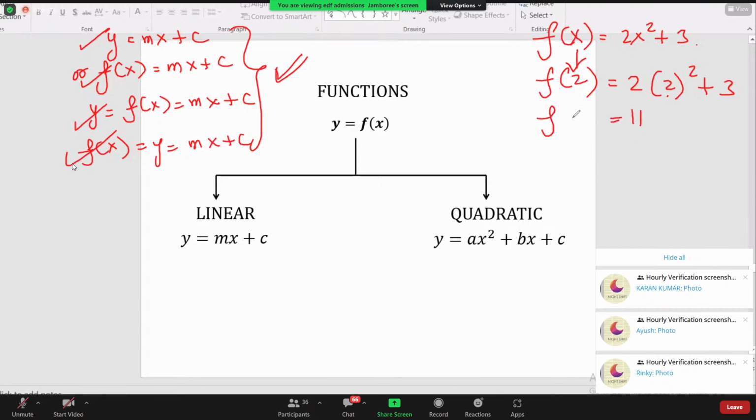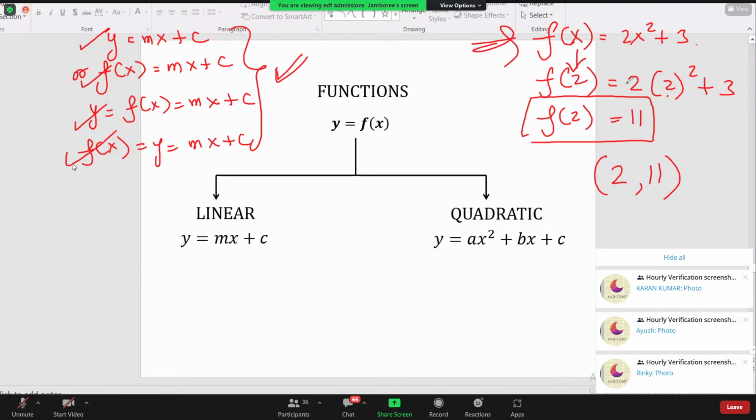Now, most importantly, how to read this information is also very important. When I look into the coordinate geometry context, it implies that for this function, when the value of x was 2, the value of y was 11, and the coordinate 2 comma 11 will satisfy this function f of x is equals to 2x squared plus 3.